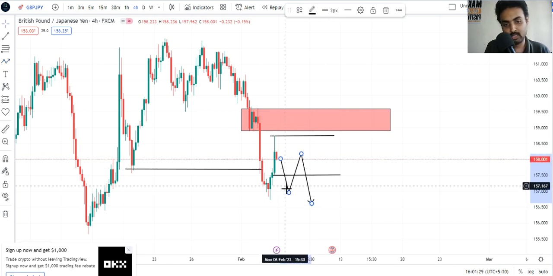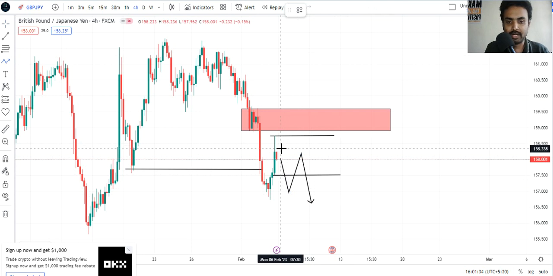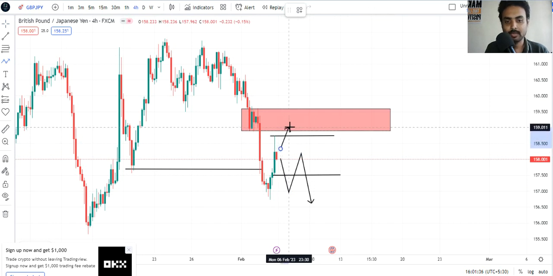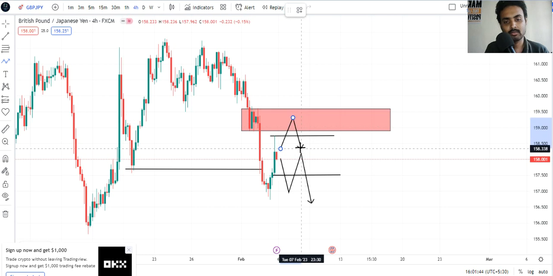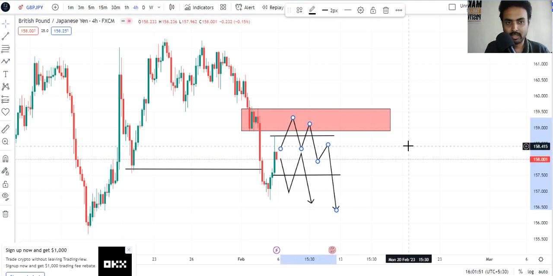If you witness this break, then I'll straightforwardly look for selling from this level. I'm not looking for the buy. I'll be looking for selling from this bearish order block. Something like that. So overall, I'll be looking for selling the GBP JPY.